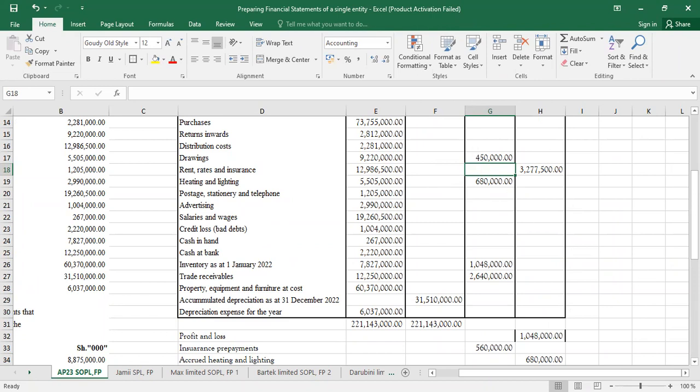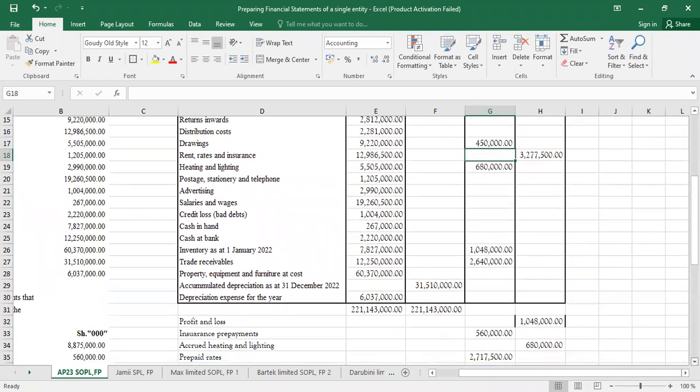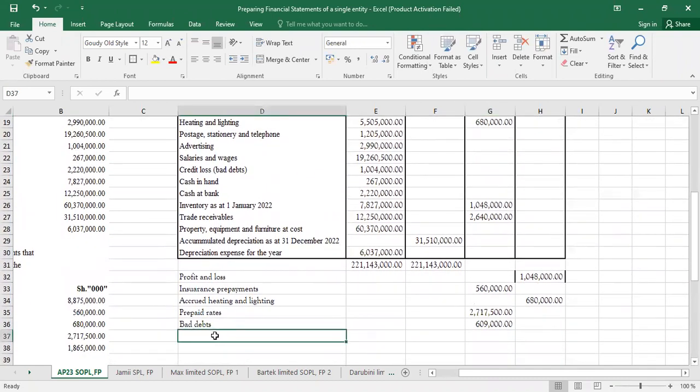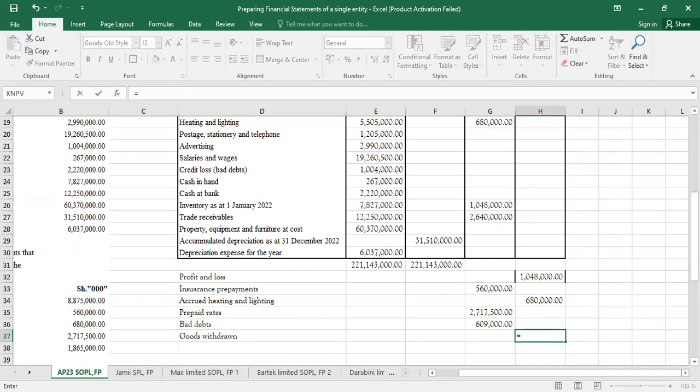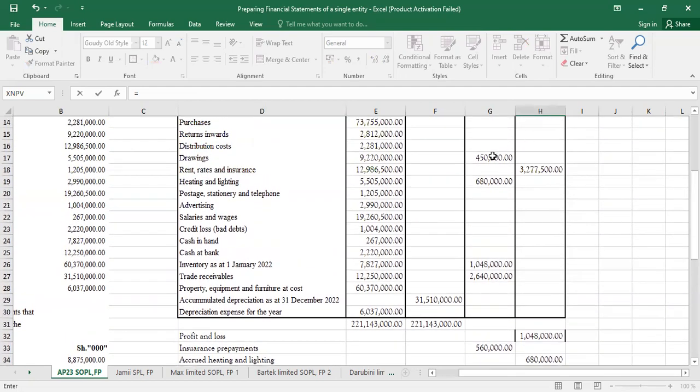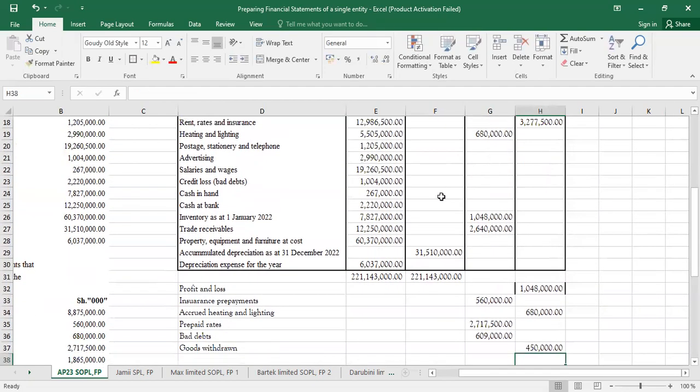And now we will credit goods withdrawn, the same amount, equal sign, 450.